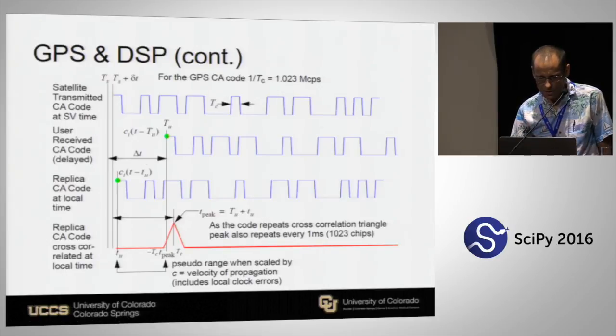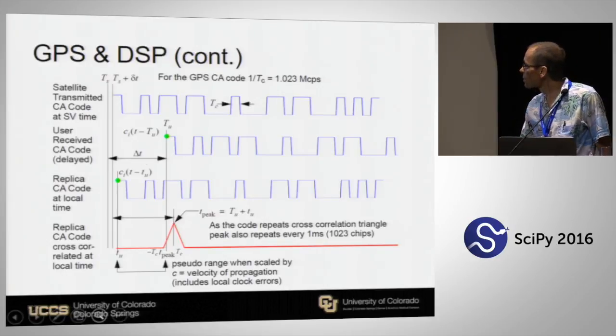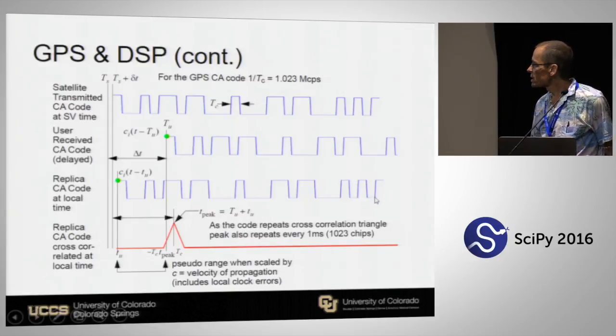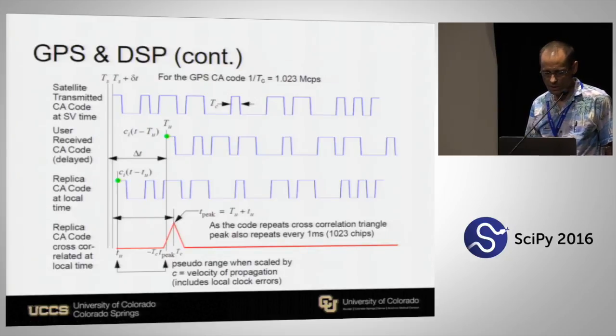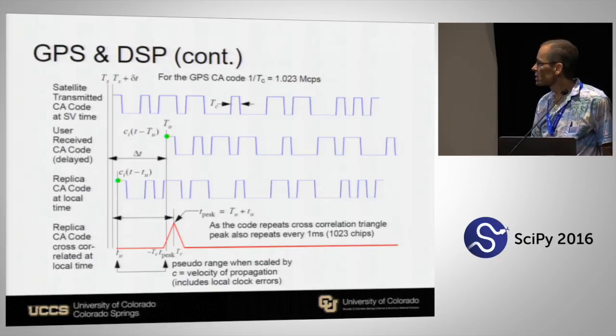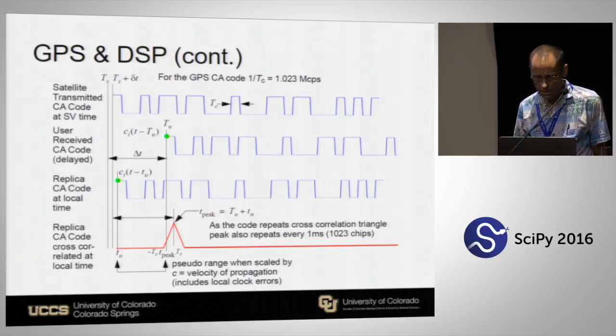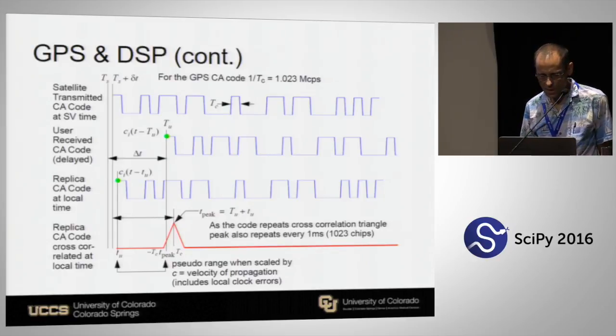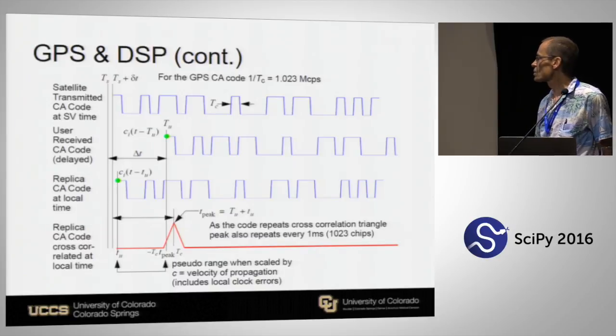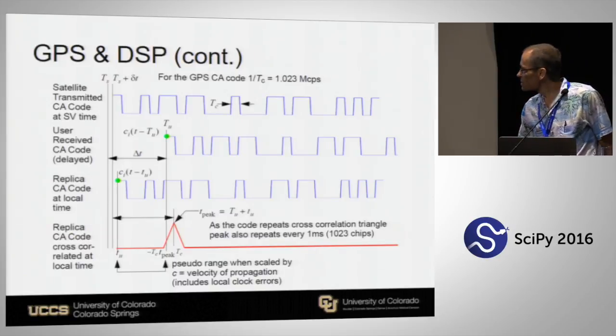And then the job of the receiver is what's in this third trace. It has a copy or a replica of the CA code. It's got the whole family of codes that it can generate. So it's going to correlate locally against the received signal, and all of these signals are simultaneously present, but when it correlates with one particular code, it's trying to correlate just one code from one particular satellite or space vehicle, as they're referred to, and it gets the last thing down here.